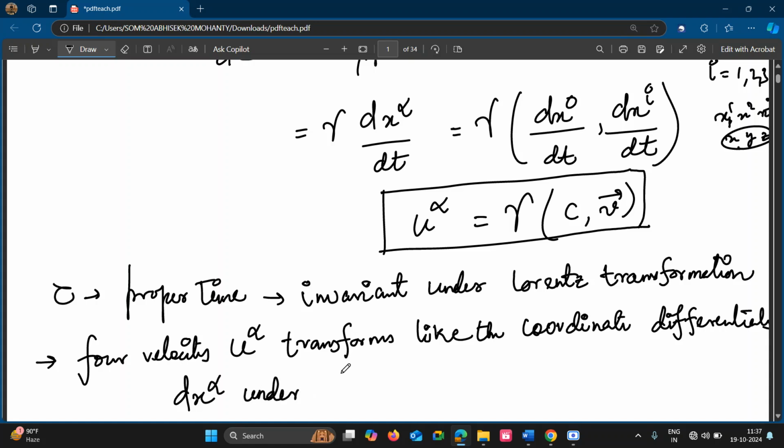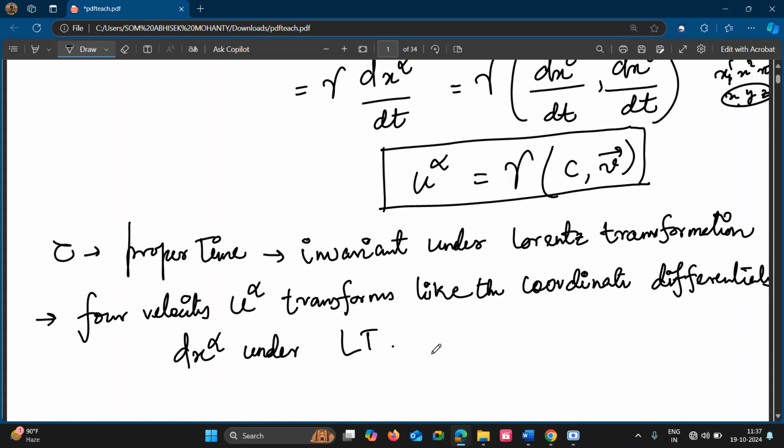I will write Lorentz transformation as LT. So let's calculate the norm.